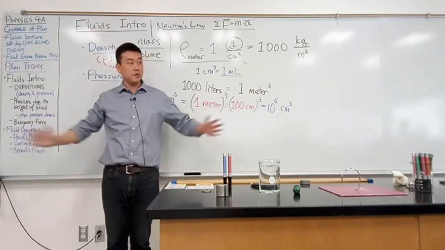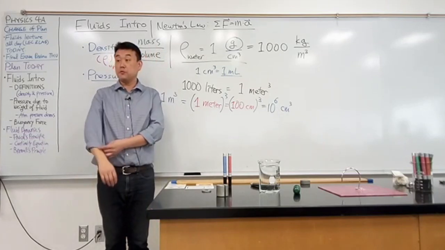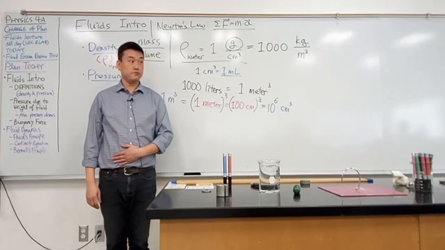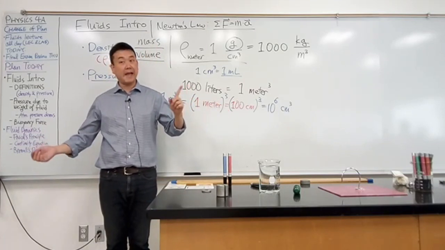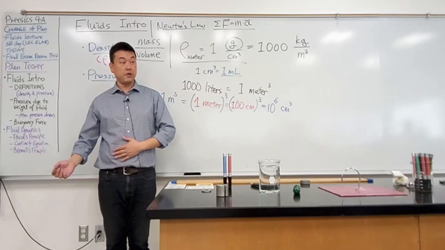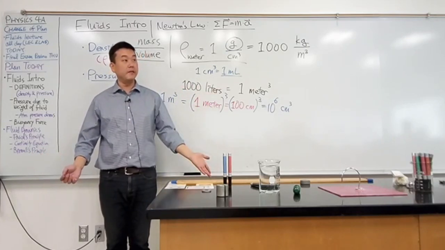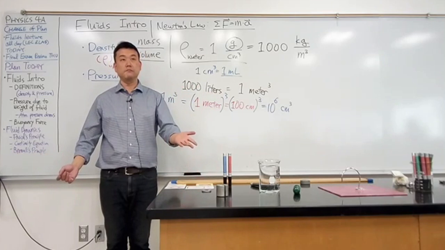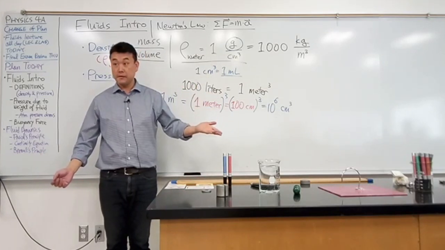Twice the height, twice the width, twice the depth, how much would that person weigh? 280 pounds? No. That person should weigh 8 times what I weigh. So it would be 8 times 140, so something like 1,120 pounds or something like that.